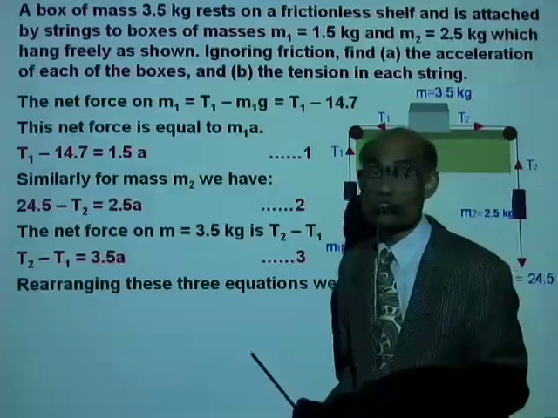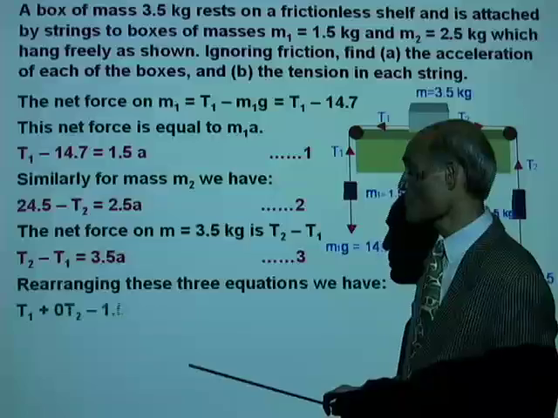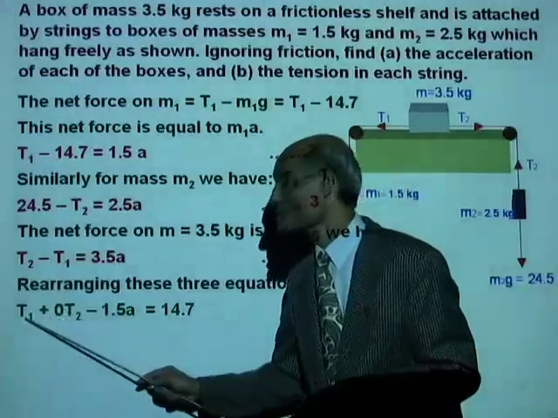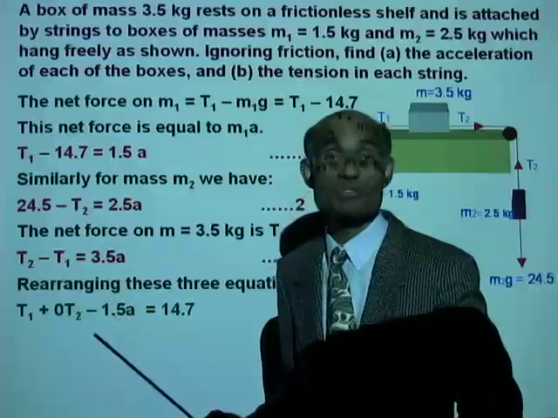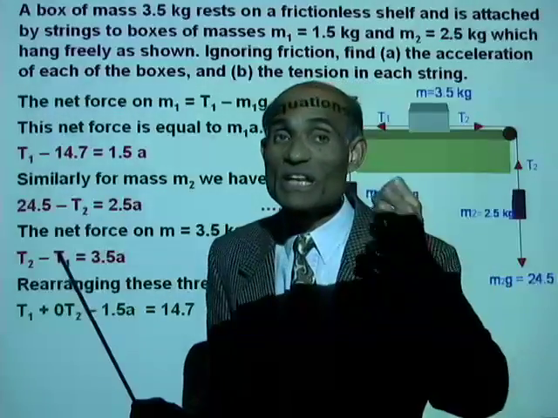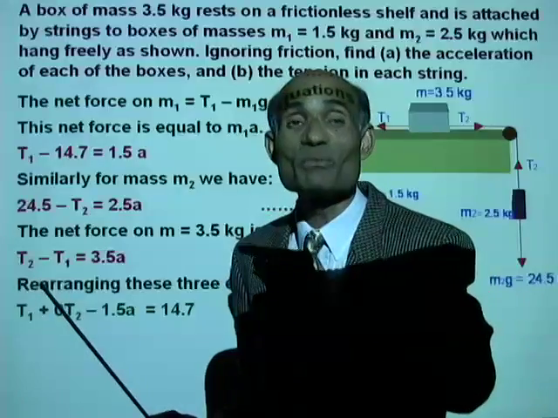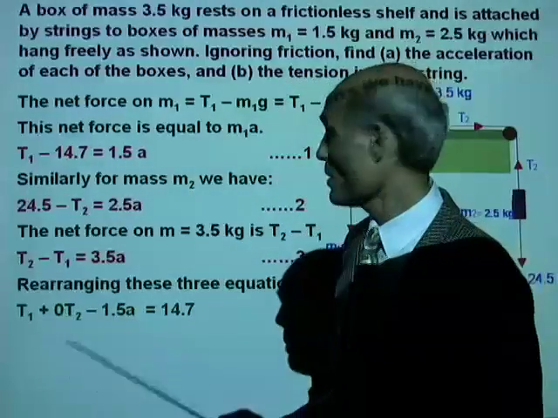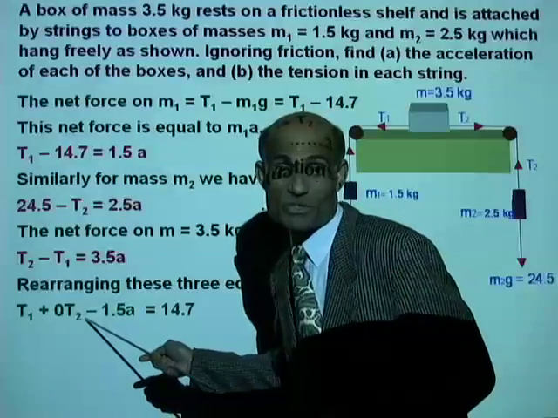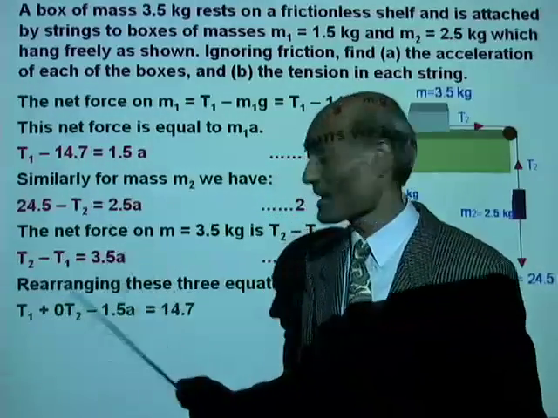And in order to solve these, you need to rearrange them. Now look at the way I'm going to rearrange them. T1 plus 0 T2. Remember, we have three variables, and each equation must contain all the three variables if you want to use your calculator to do that. So I want you to solve these equations on the calculator.